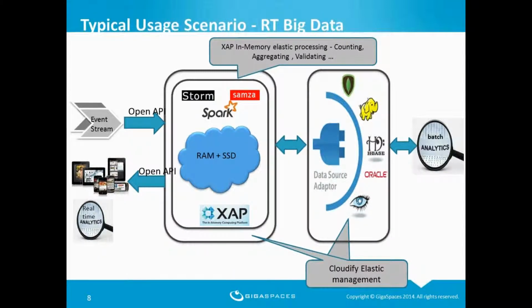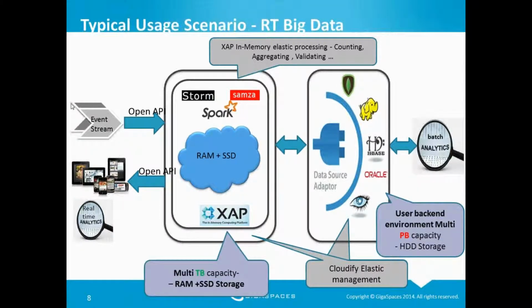If we'll take a look at a typical usage scenario, we'll see that XAP can be used to manage hundreds of terabytes of data serving event streams or clients that push data, and other clients that demand fast response times. These could be mobile clients or large web applications. On the back end, the XAP technology can interact with any back-end database, whether it's relational or non-relational, SQL or NoSQL databases that are storing and managing petabytes of data with regular hard drive infrastructure.